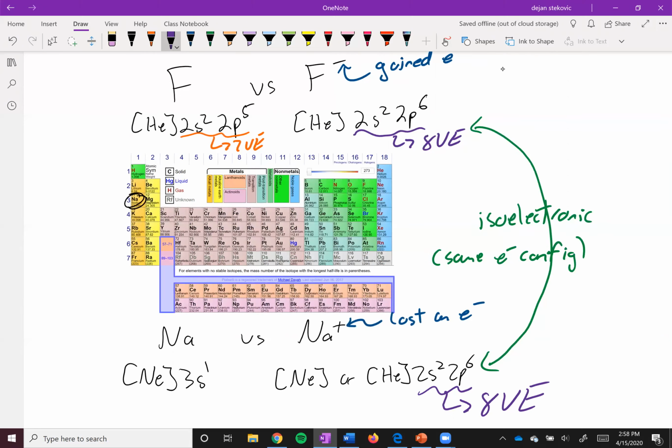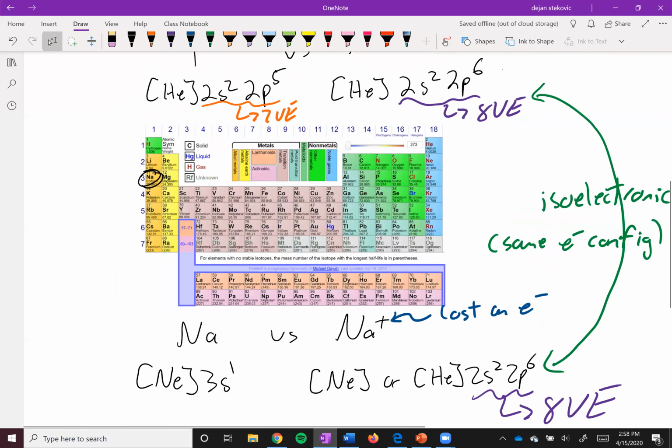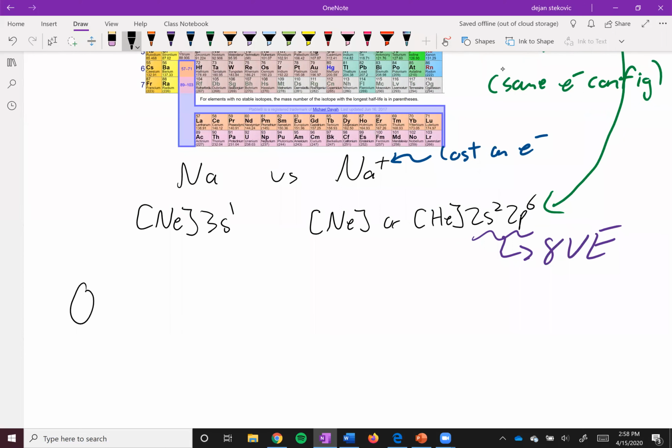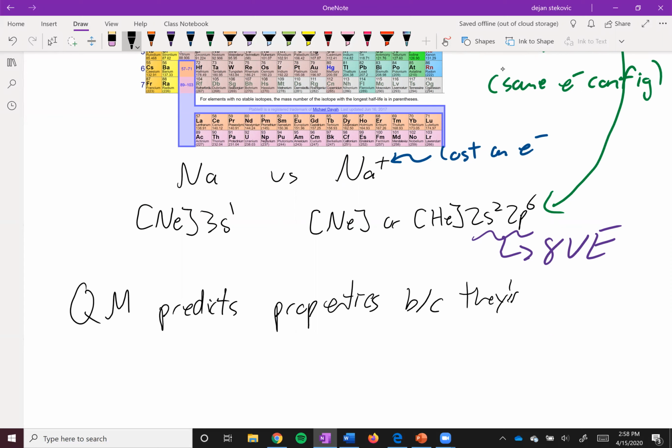This is one of the most powerful parts about quantum mechanics, that it predicts all of this. Quantum mechanics predicts properties of atoms because they're based on the number of valence electrons.